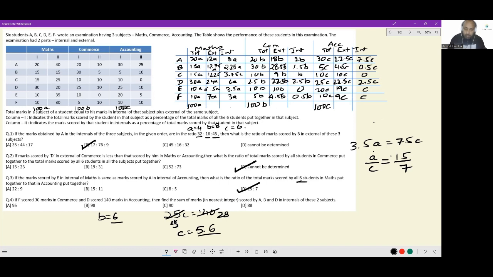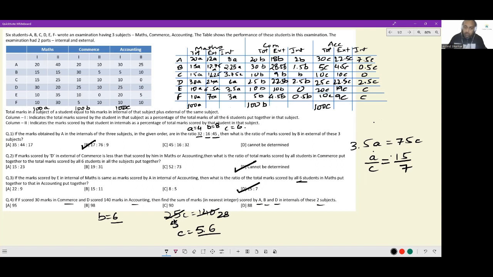Then find the sum of marks in the nearest integer scored by A, B, and D in internals of these two subjects. Internals of these two subjects in commerce and accounting. A, B, D. So 2B, 1.5B, and 2.5B.